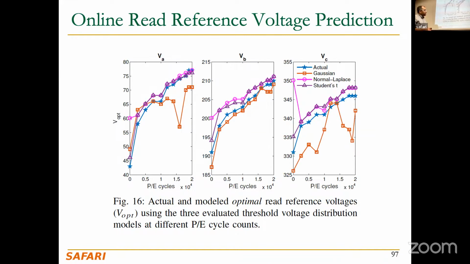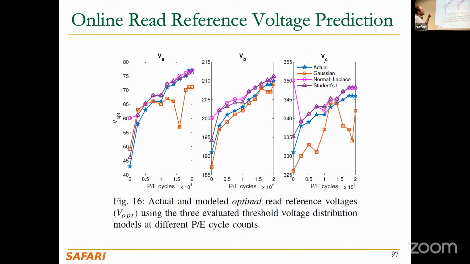I'm skipping these slides because we already covered them. You have the idea, but basically, you can see that by increasing PE cycles, we have a difference in read reference voltages in this figure.